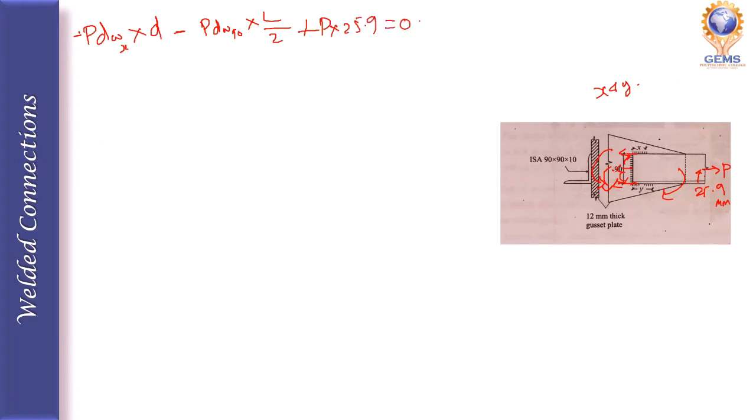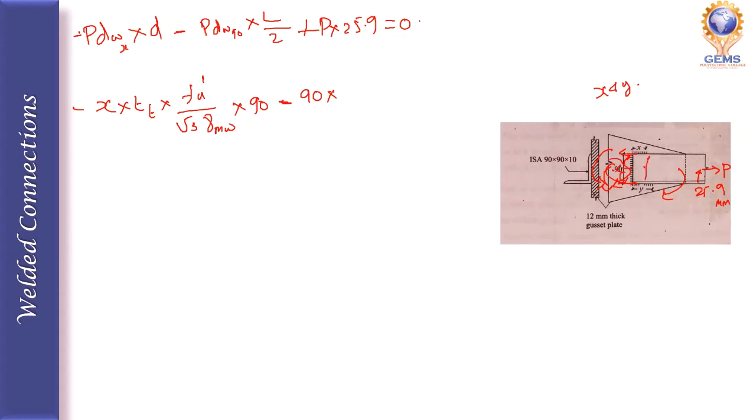What is P, the design shear strength of the fillet weld? It is x into Lw, that is x into throat thickness into Fu dash by root 3 gamma mw, into the distance. Here for the second one, Lw is 90.